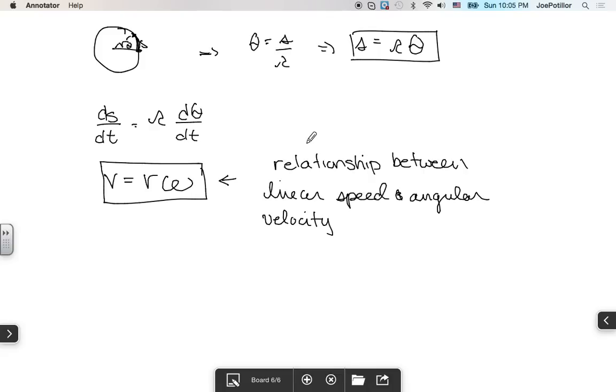Well, if we want to get fancy, the vector equation looks like v is equal to r cross the angular velocity vector. But you can ignore that for all intents and purposes at this time because we're not working with the vector relationships yet. But there are important things you need to know about this equation.